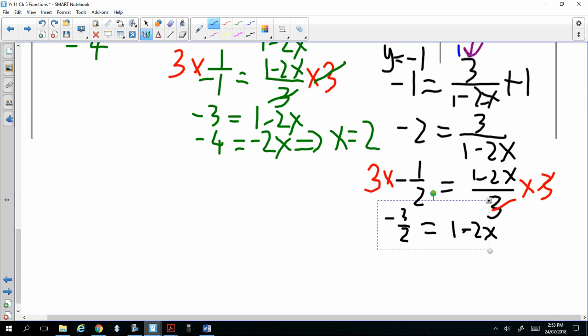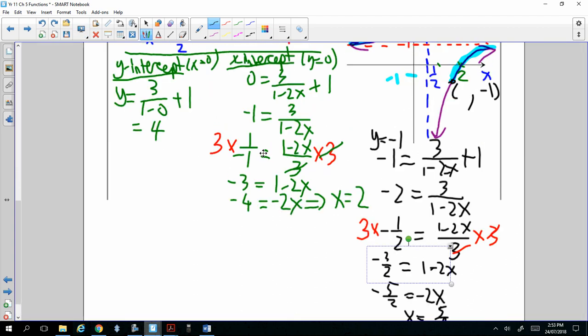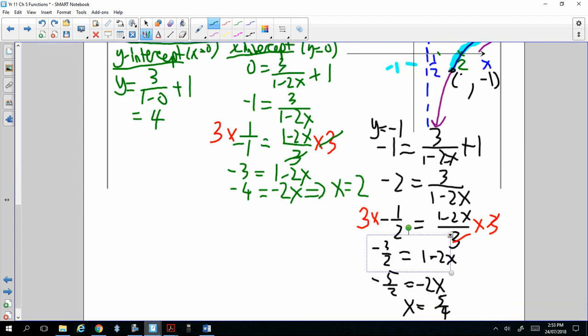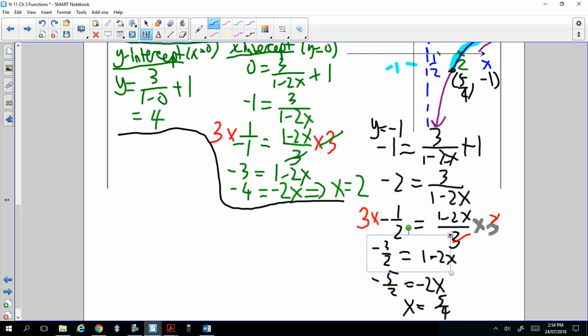So this point is x equals 5 over 4. And then you have to work out the other point. The other point occurs when y equals 5. So 5 equals 3 over 1 minus 2x, plus 1.